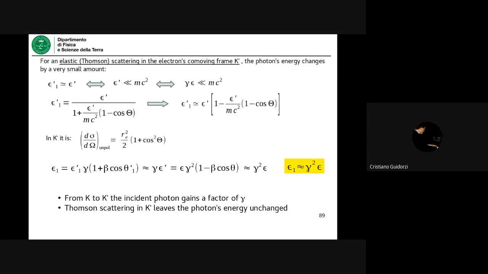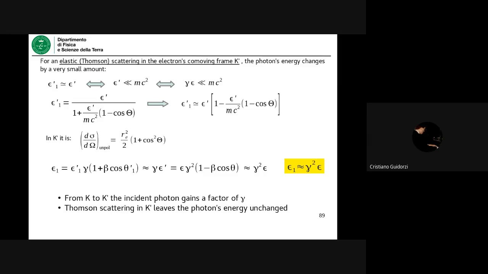But within the comoving frame of the electron, you just have a change in direction. That's the crucial point in this case, and we will see in a moment what I mean. So the Thomson scattering in the comoving frame just changes the direction of the photon, leaving its energy essentially unchanged.